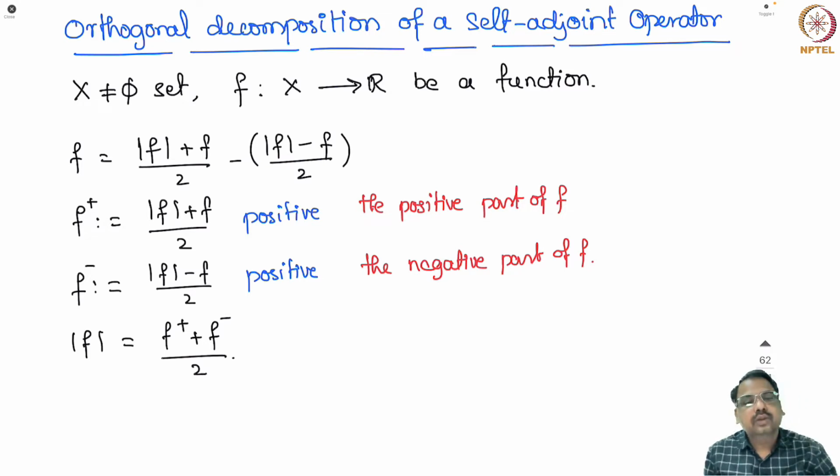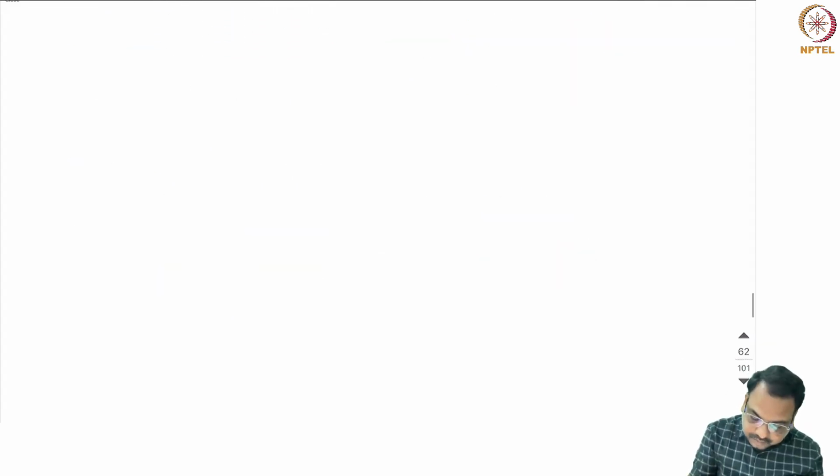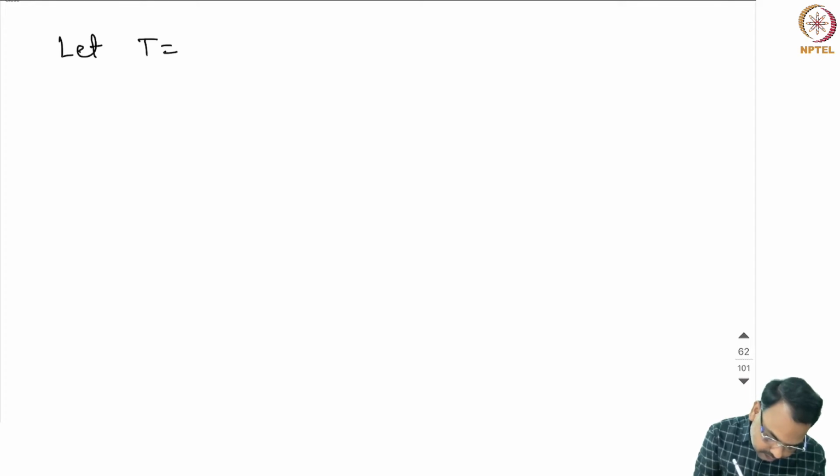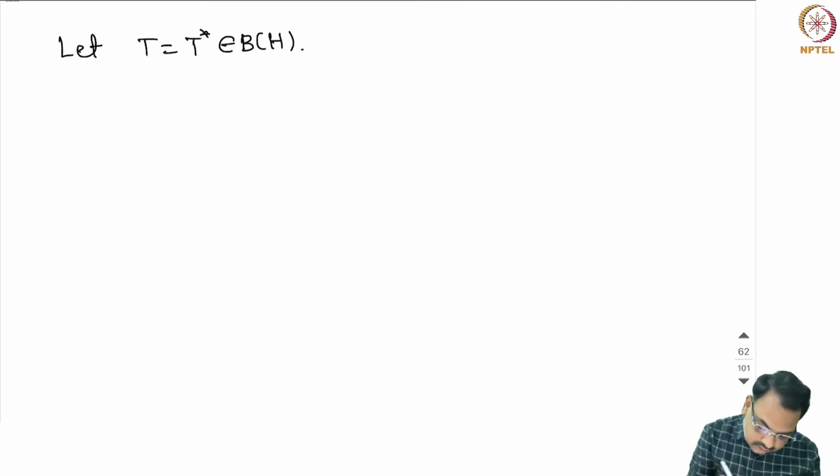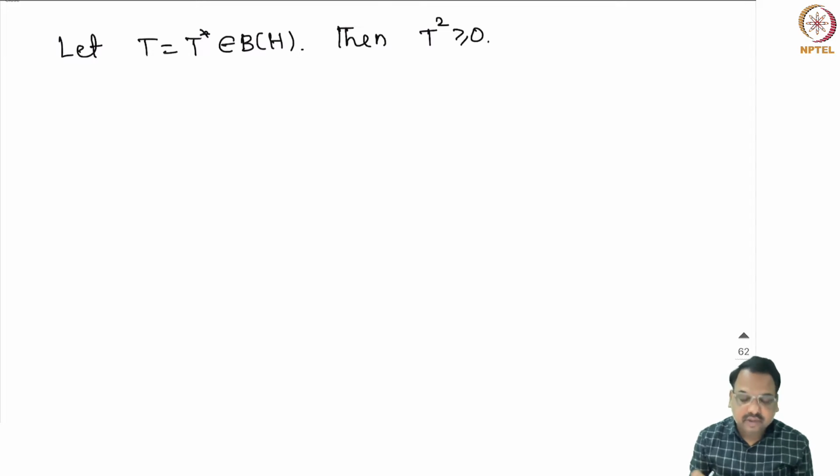Now we want to generalize this result to operators defined on Hilbert space, in particular for self-adjoint operators. So let us start with T, a self-adjoint operator defined on a Hilbert space. Now we know that T square is positive and that it has a unique positive square root.